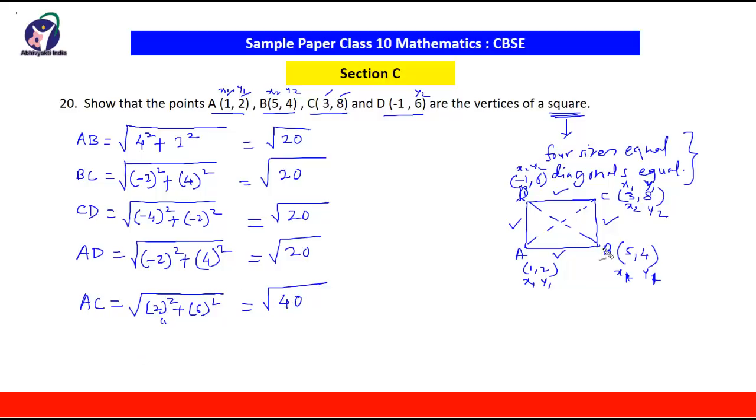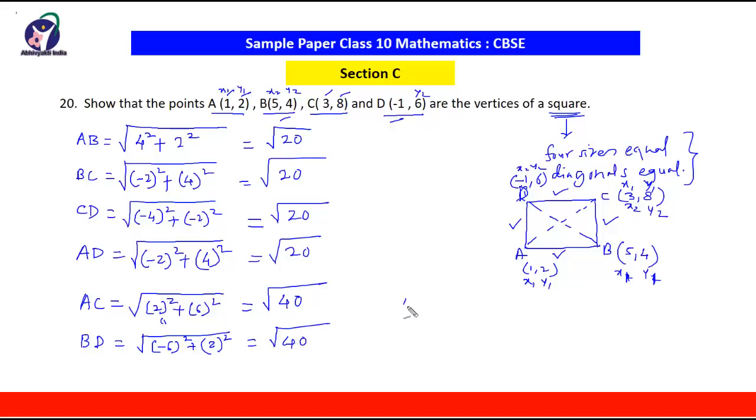Now we will find diagonal BD, which is square root of B and D. This is the B point and this is the D point, -1 and -5, so that will be (-6)², plus 6 minus 4, that will be 2², which is equal to square root of 40.